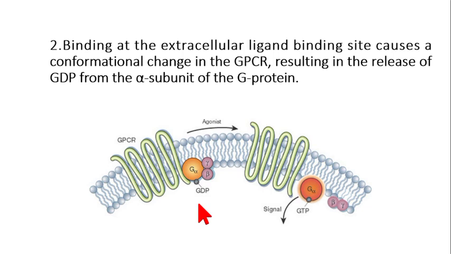Once the ligand binds with this membrane receptor, it is the activated stage. When it gets the signal, it is activated. The GDP is converted to GTP when a phosphate is added. Once GTP is bound to the alpha subunit, it dissociates from the membrane and is involved in the cellular responses.